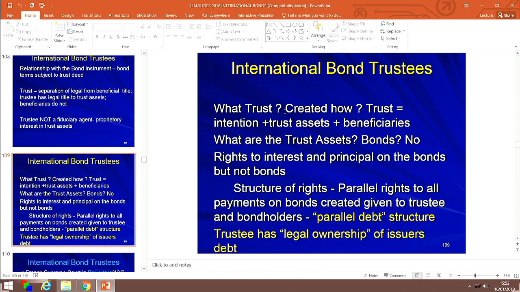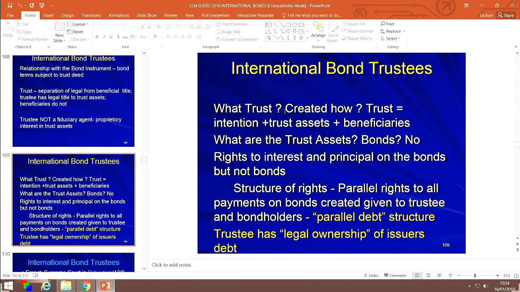Many people in the markets, including lawyers in major law firms, imagine that the bonds are subject to the trust deed. And the straight, clean, clear-cut answer is no, the bonds are not subject to the trust. They're not the trust assets. Something else is the trust asset.